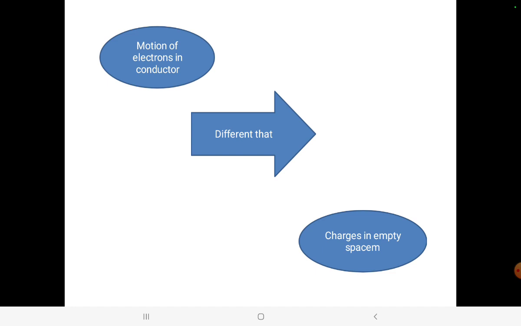Of course, this is small logical thinking, that's only the students' doubt. So the motion of electrons depends on the charge, how much empty space is available, and the availability to move the charge from one place to another.